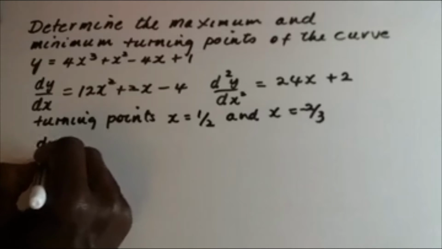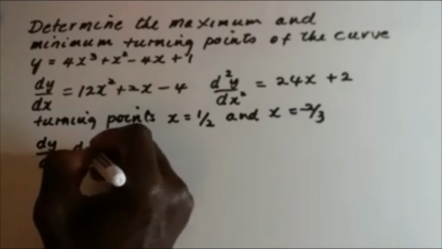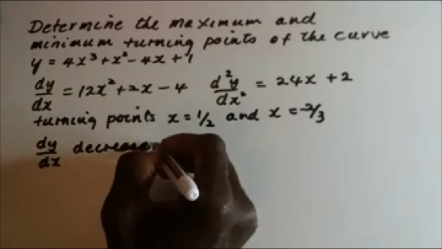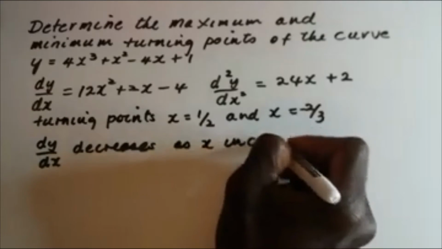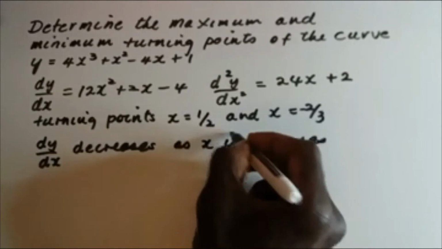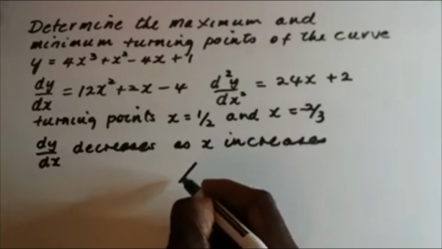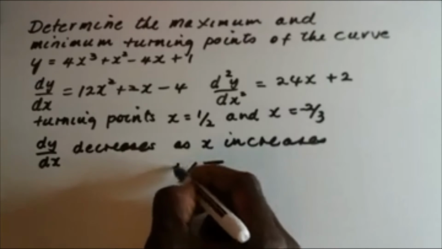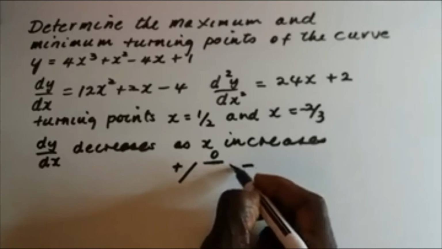If we have that the first derivative, dy/dx, decreases as x increases, and the model of what a maximum is, is that it starts as a positive gradient. We have a turning point of 0, so this is positive, 0, and then it starts going negative. It goes negative.